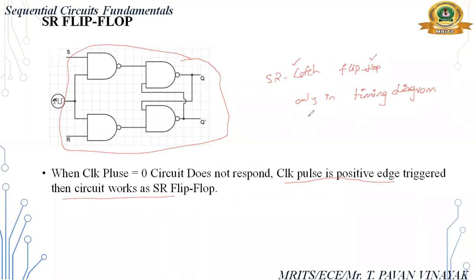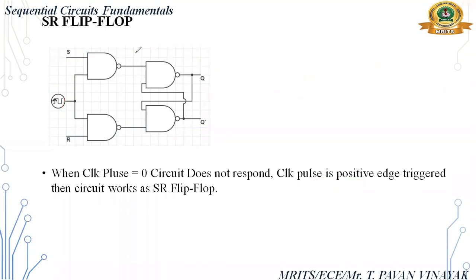You can observe the difference only in the timing diagram. In the truth table, characteristic table, or function table, you can't find any difference. Both are the same. The only difference is the clock signal notation. While drawing the timing diagram you can understand the difference between latch and flip flop.